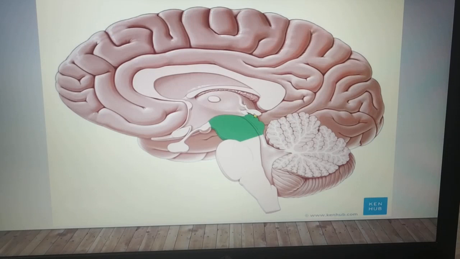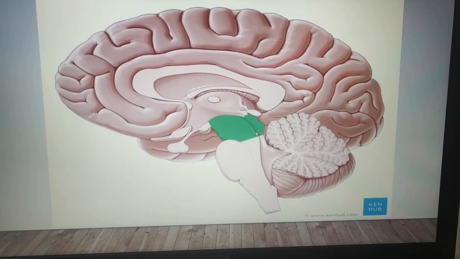So, why are we talking about the aqueduct? The lateral ventricles on either side of the cerebral hemisphere continue as the third ventricle. It will be located here, and it communicates by means of the interventricular foramen. The third ventricle continues as the fourth ventricle, communicating by means of the cerebral aqueduct.